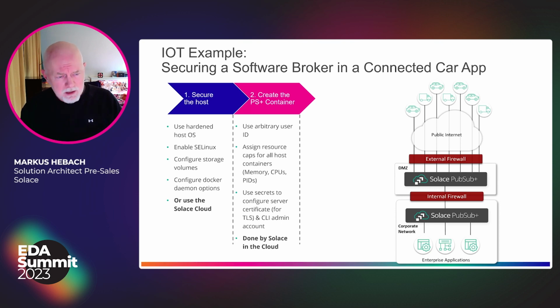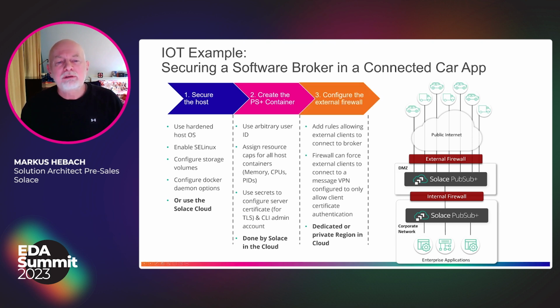You can do that yourself, or it can be done by the Solace team in the cloud already. And then you configure the external firewall to let traffic in to the DMZ, and from the DMZ you set up the traffic into the main broker.